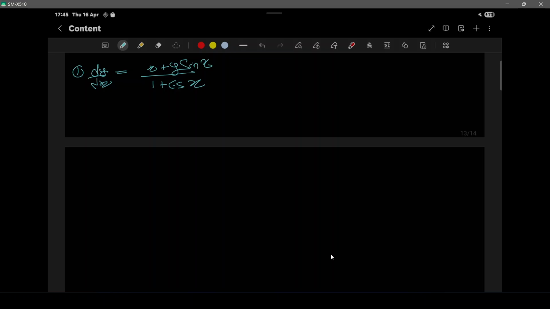So let's jump to the question. This is the first question: dy over dx is equal to (x plus y sin x) over (1 plus cos x). First thing we have to do is put it into the format we derived earlier, because that is how we solve. So y dash is equal to, we can break this into two terms, x over (1 plus cos x) plus y sin x over (1 plus cos x).